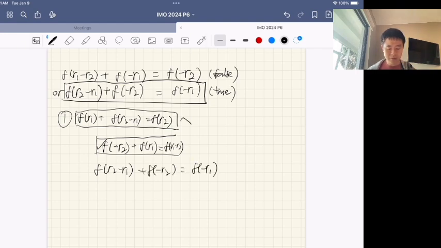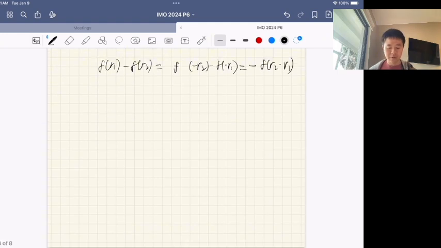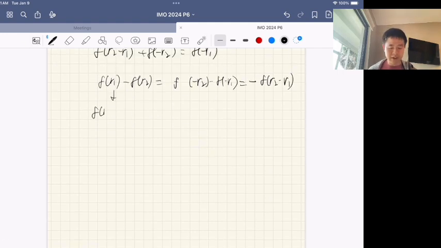You can see what we have here, meaning that f of R1 minus f of R2 equals f of minus R2 minus f of R1. Well, these are the same as f of R2 minus f of R1. So that means f of R1 plus f of minus R1 is indeed f of R2 plus f of minus R2.